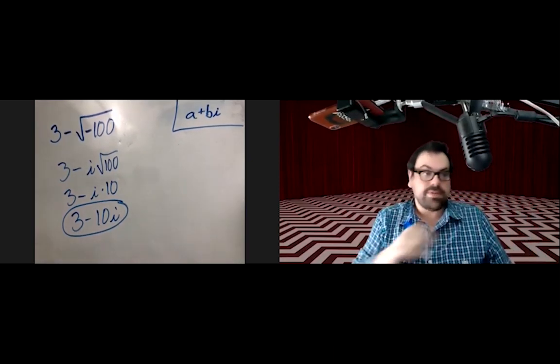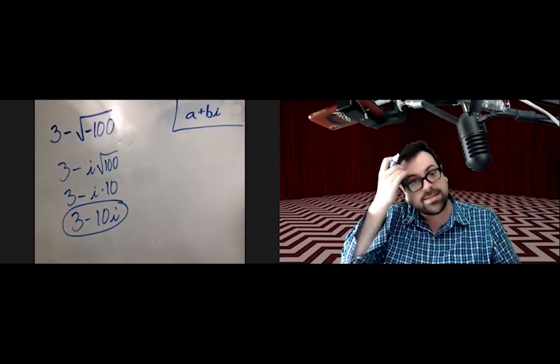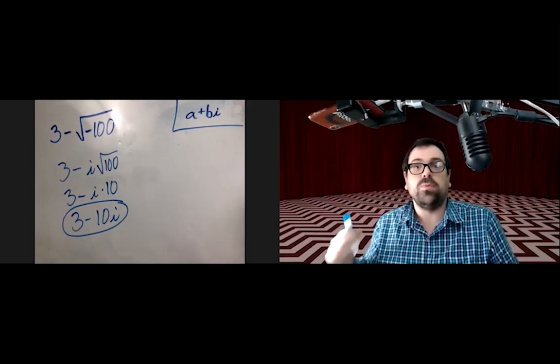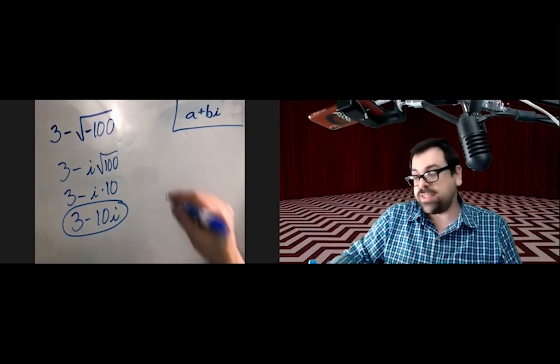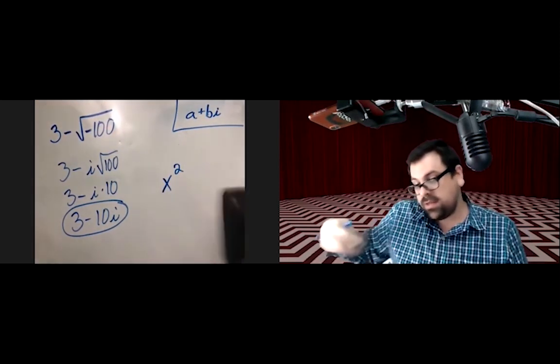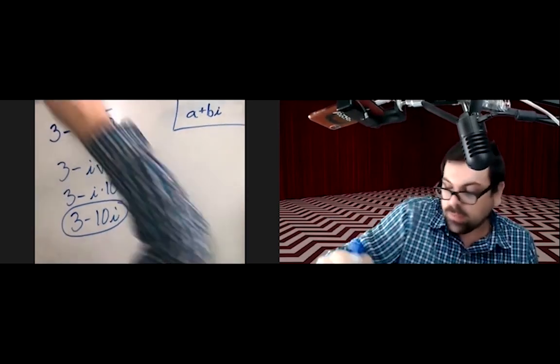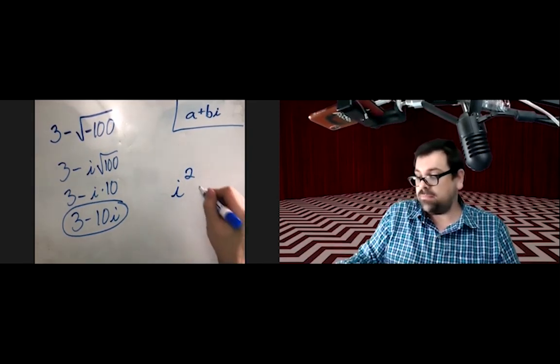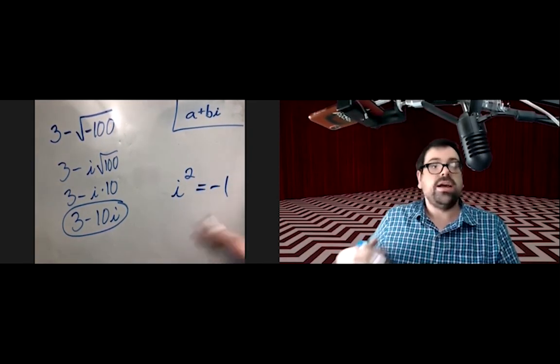Just like x times 10 would be 10x. We work with i's the exact same way that we work with x's. It's just that if we had an x squared, we don't do anything special. We can't do more with it. But when we have an i squared, the i squared becomes negative 1, and we keep going.